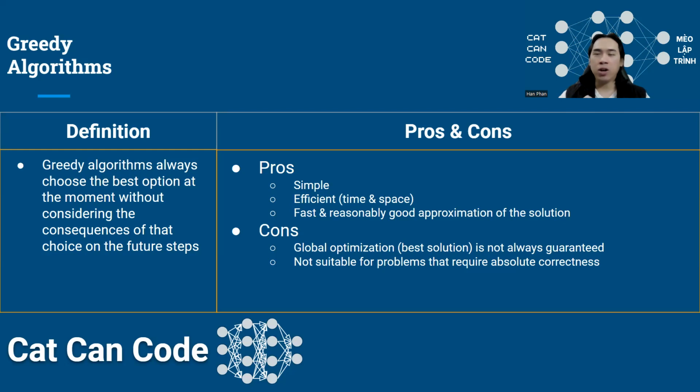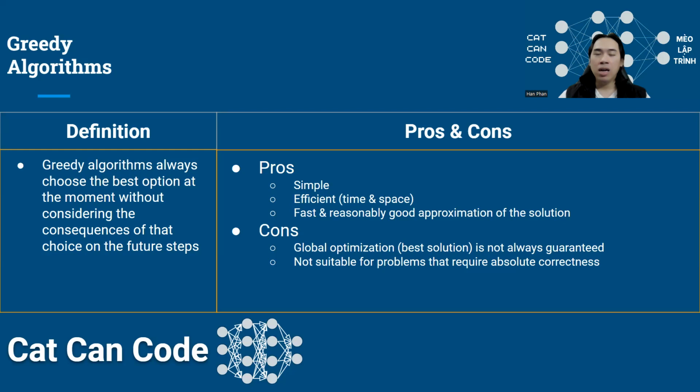So what are the pros and cons of these strategies? Pros, these algorithms are normally very simple. You don't need to have sophisticated data structure to store the historical data and take into consideration different routes. You just choose the best one that you can see at the moment. It's efficient in terms of time and space.